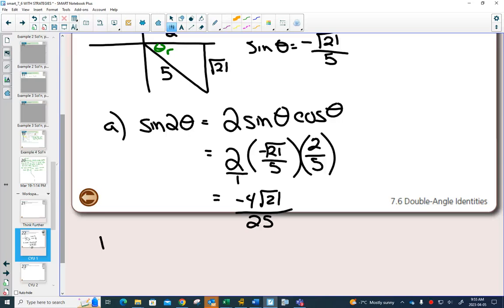Now in part B, they ask for cos 2 theta, and we have 3 formulas. And in this question, I would say all 3 formulas are very close to being identical and equal, but I would say there is one that has a slight advantage over the other ones.